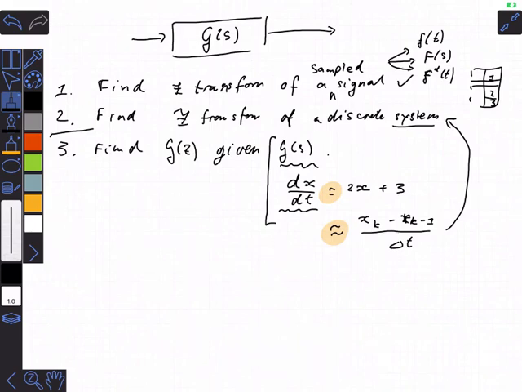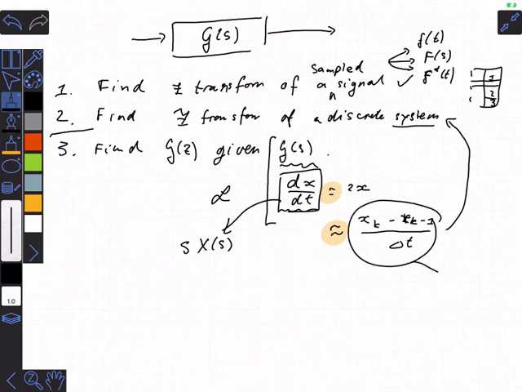But if you just want a quick way of doing this, and why this is so attractive is because you can imagine doing a Laplace transform of this. Laplace transforming that gives me s times x of s, right?